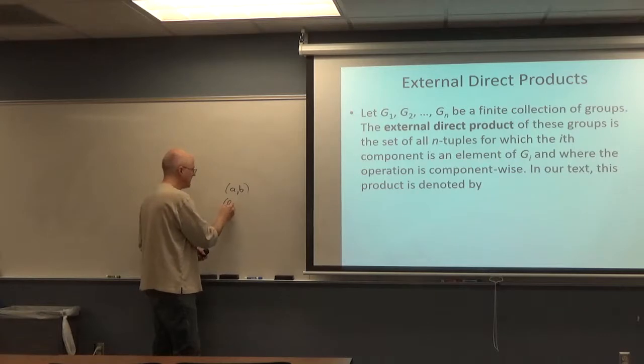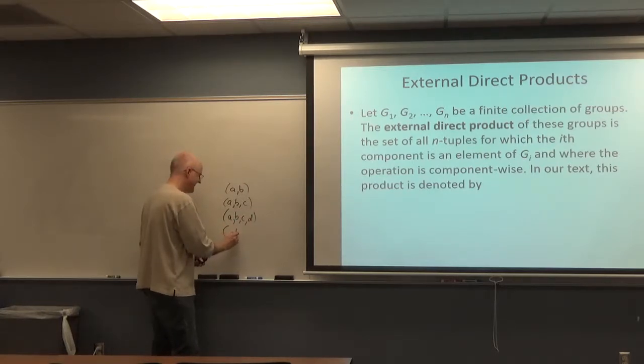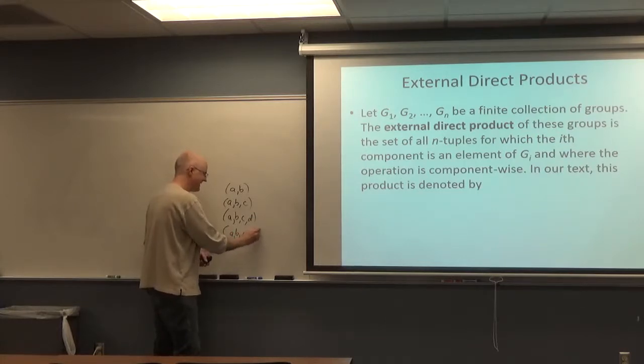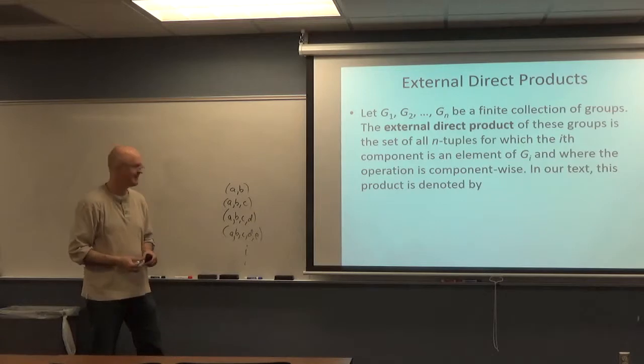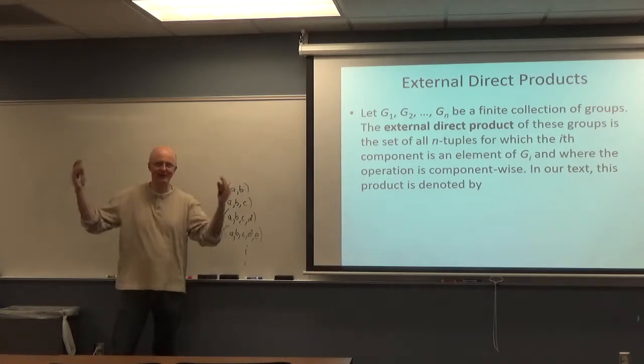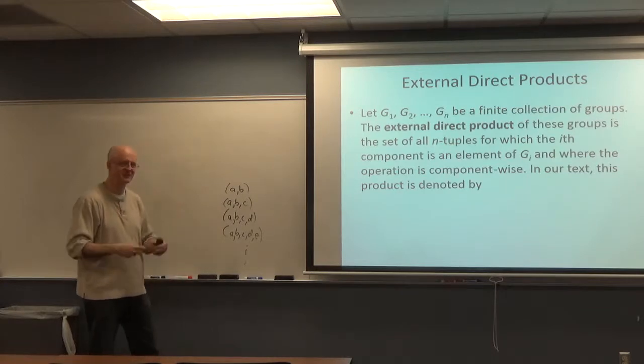A 3-tuple is an ordered triple. A 4-tuple is an ordered quadruple. A 5-tuple is an ordered quintuple, etc. An ordered n-tuple is parentheses, and n things with commas between them. It's just purely symbols.